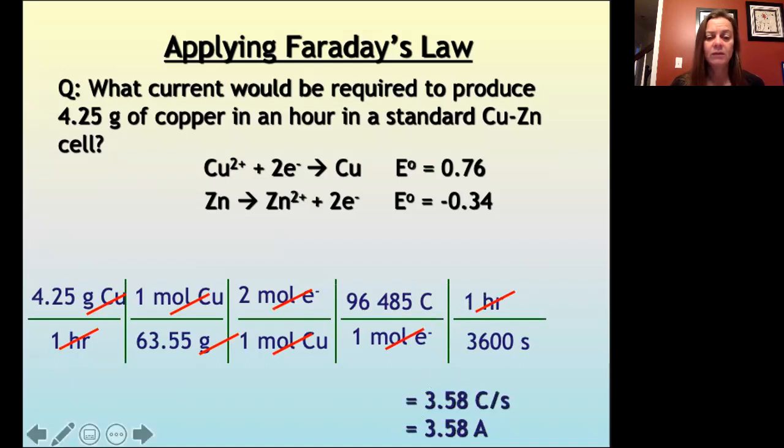And so the current that we would need is 3.58 amps. Again, just a new application of stoichiometry. You can expect to see problems like this as multiple choice problems, but you wouldn't actually have to solve the question. You would just need to set it up. And we'll look at some examples of those in class.